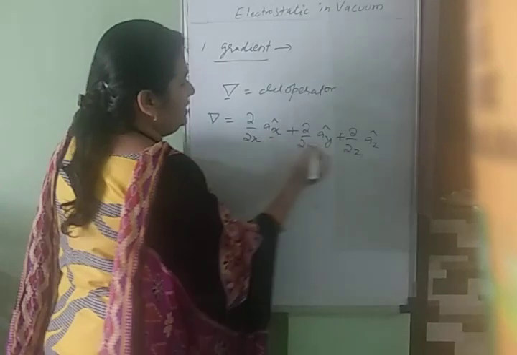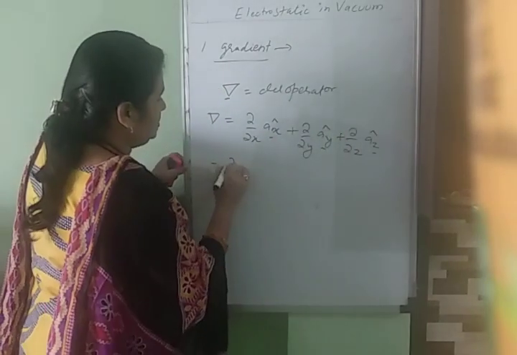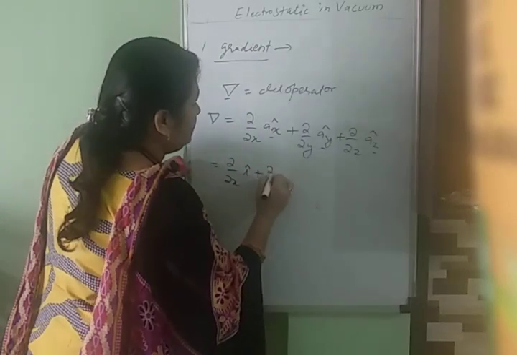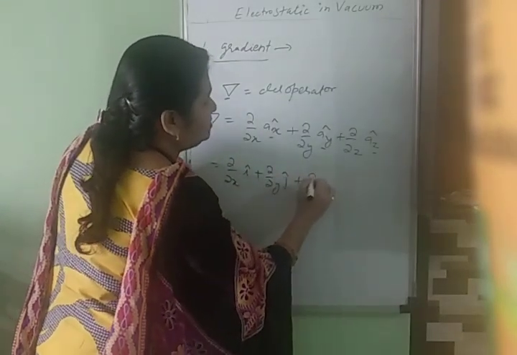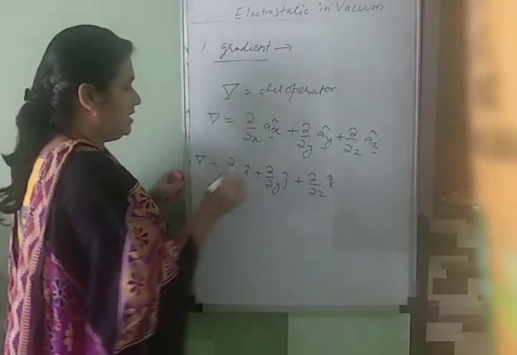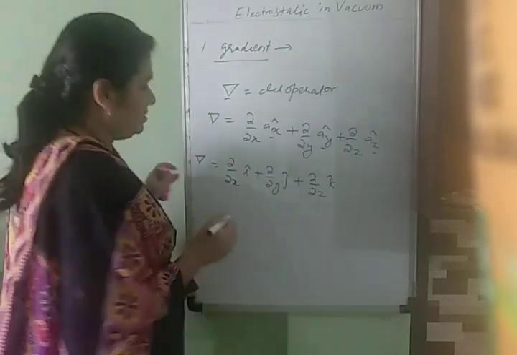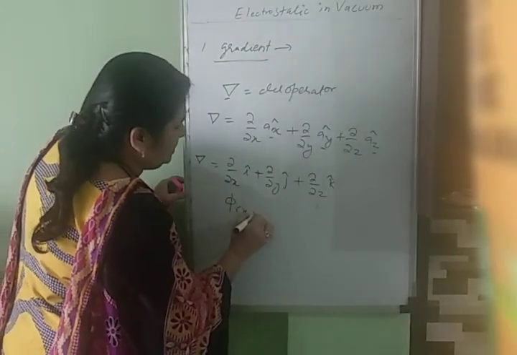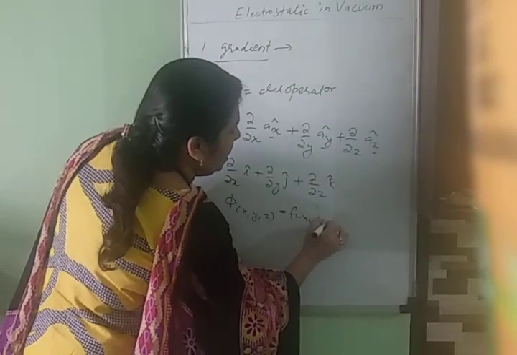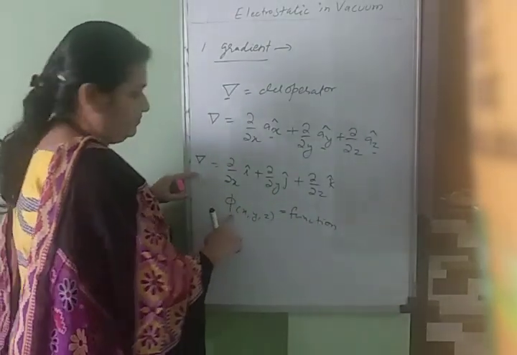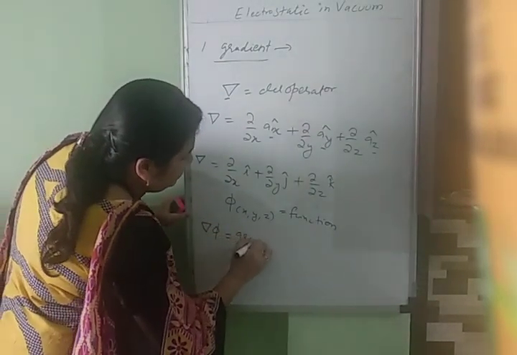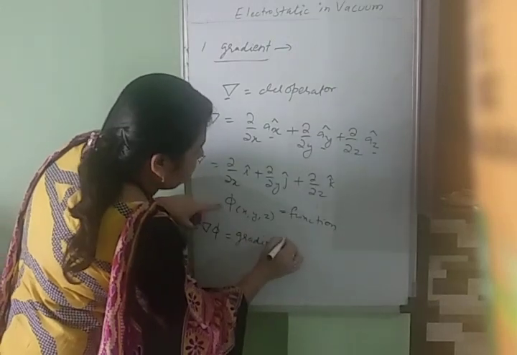In place of a_x, a_y and a_z, we can also take ∂/∂x of vector i, plus ∂/∂y of vector j, plus ∂/∂z of vector k. This is also a del operator. Suppose we have a function phi, which is a function of x, y, z. How do we operate the del operator on this field? Del phi means the gradient of the function phi.